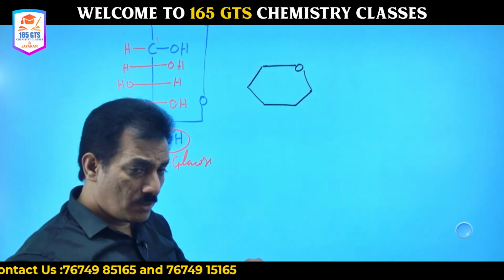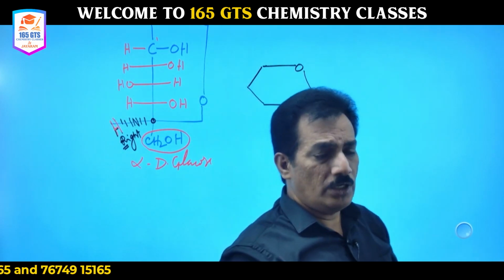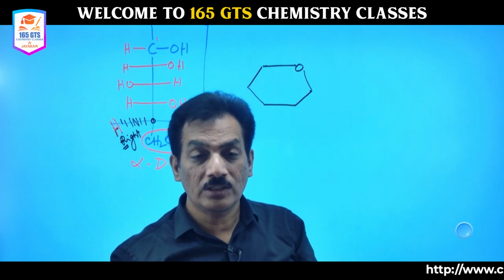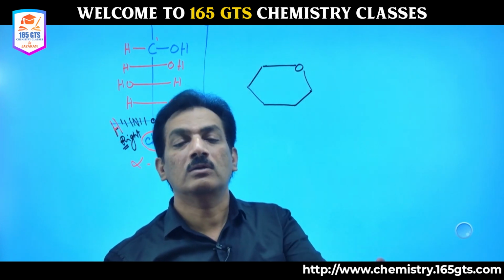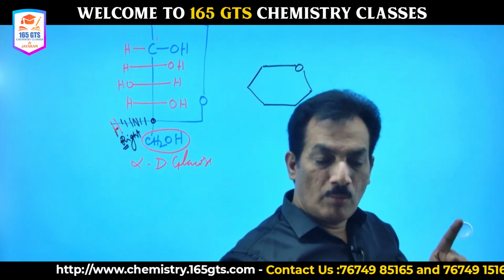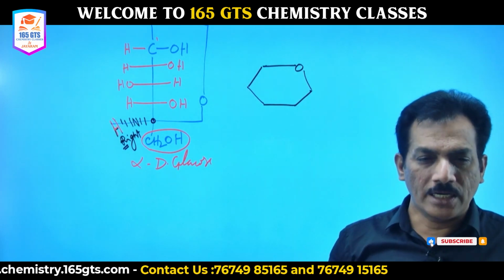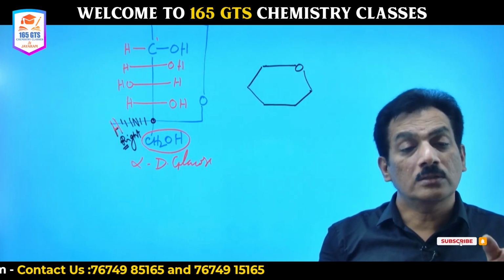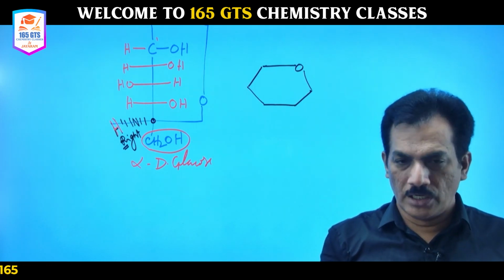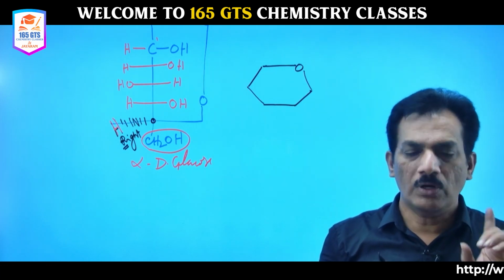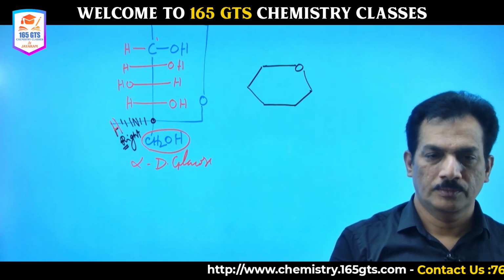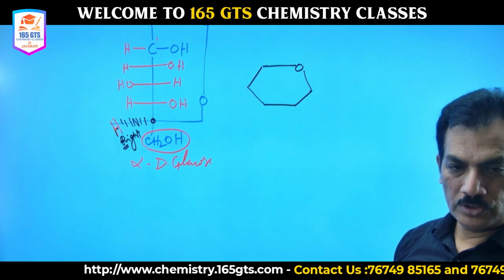In pyran, double bonds are there, but in glucose there are no double bonds. So pyranose is similar to pyran only in the number of atoms in the ring and which atoms: 6-membered ring, 5 carbons, 1 oxygen. That is the only comparison, not double bonds. Clear? So this is pyranose.